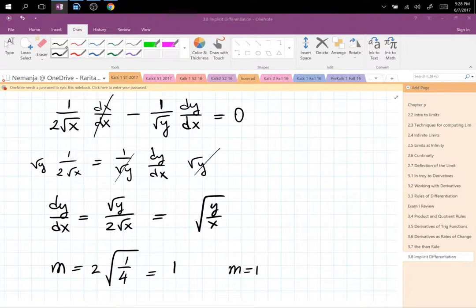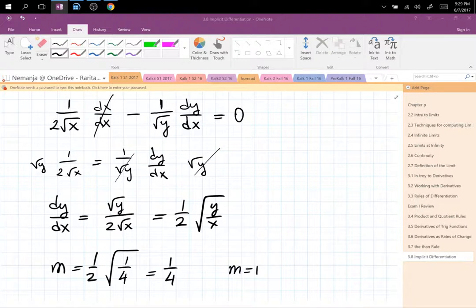It's not 2 times. It's 1/2. That's why it comes out to 1/4. Yep. Thank you. Yeah, that 2 was in the denominator. It stays in the denominator. So m is 1/4.